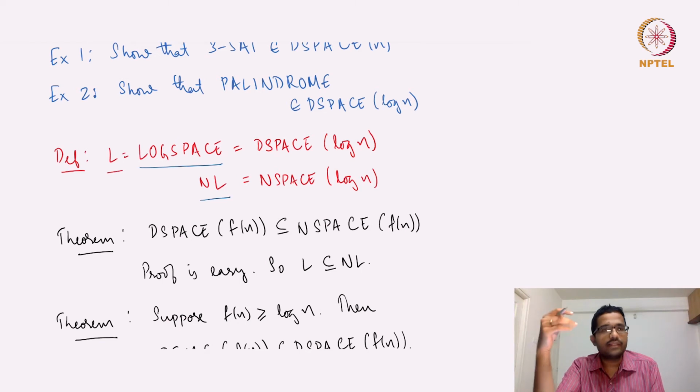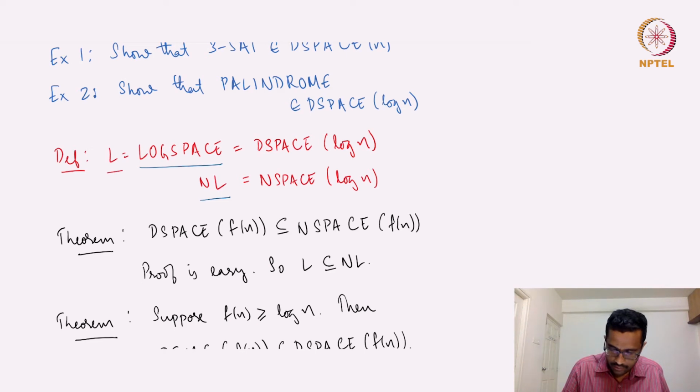This is because anything that a deterministic machine can do with a given space, a non-deterministic machine can also do in the given space, because a non-deterministic machine simply has more options or more flexibility, but that doesn't mean it needs to use that, right? So just like DTIME(f(n)) was also a subset of NTIME(f(n)), right? This is the reason, and this also tells us that L is contained in NL, just as a corollary of this theorem.